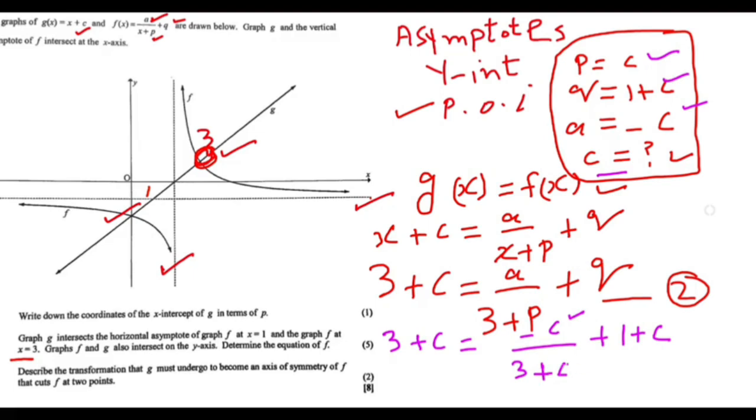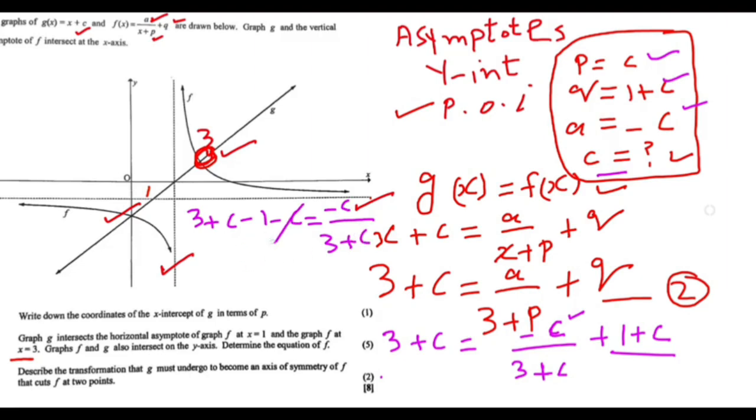There's 2 ways to solve. I can get rid of the denominator, or I can solve for c here, same thing. So this positive 1 and plus c, if I switch over this side, become negative. So it's gonna be 3 plus c, this becomes negative 1, and negative c is equal to negative c over 3 plus c.